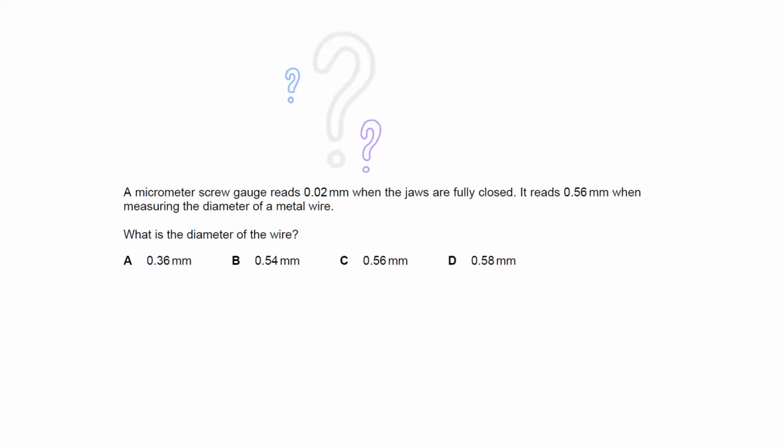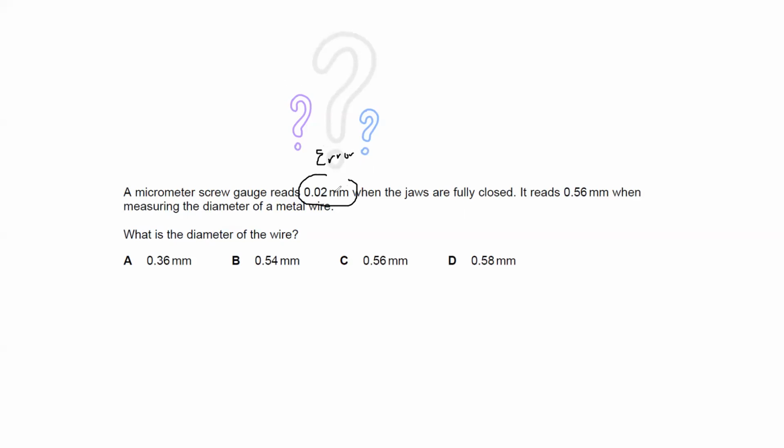Already there is a reading of 0.02, an error of 0.02, and we place a wire, then the reading comes out as 0.56. So what is the actual reading or diameter? The correct answer is B. Why? Because this is the error, so an extra reading is already there.